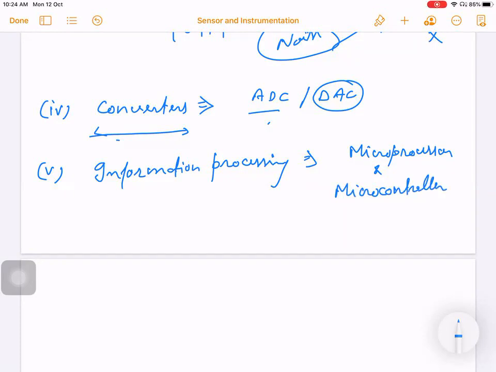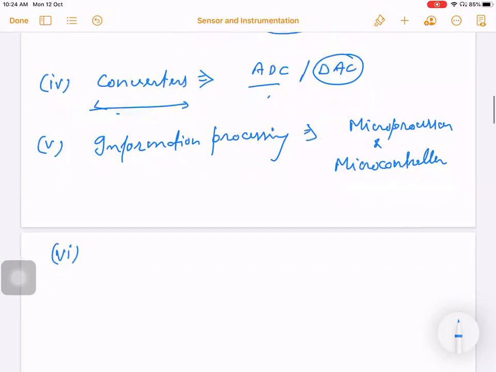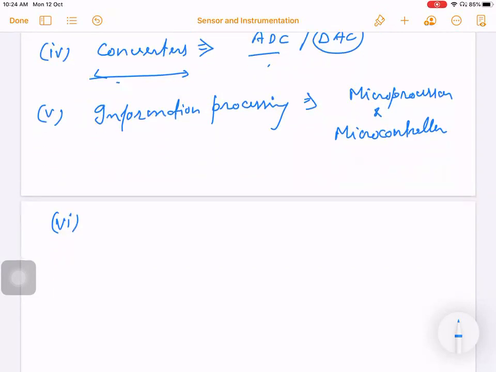Okay, so it is also a part of the components. You know about microprocessors and microcontrollers. Data communication: if you want to communicate your data, then D2D communication is required. Okay, so we can say data communication.